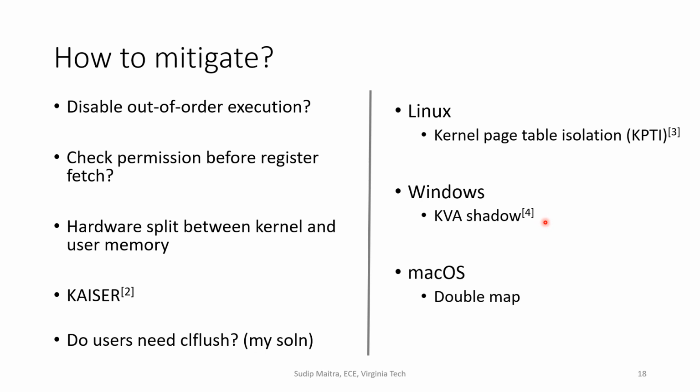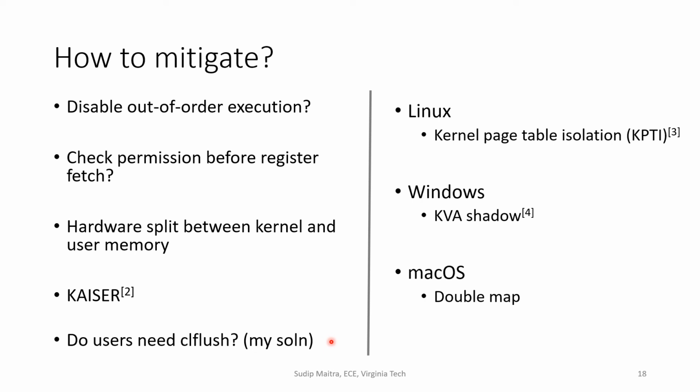Well, this is my solution. I'm not sure if it's even feasible, but I think CLFLUSH can be made a privileged operation as not many user programs need that anyway.